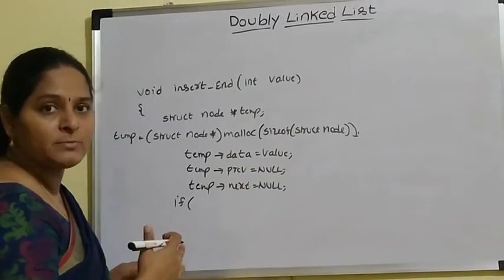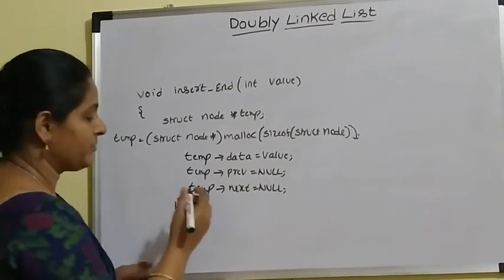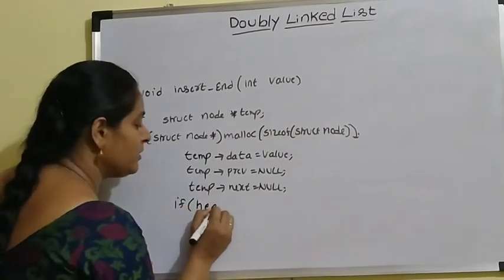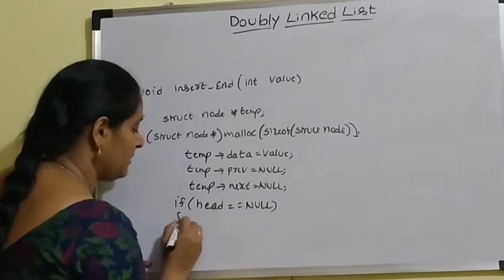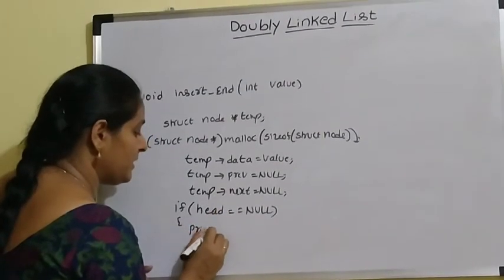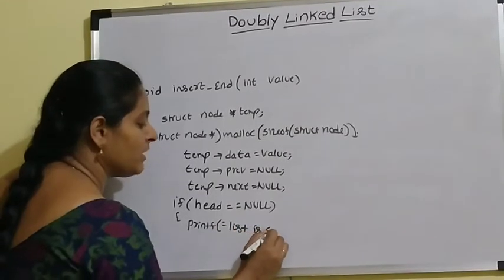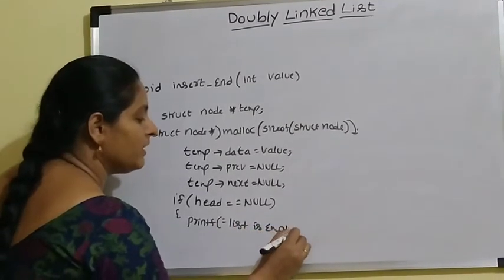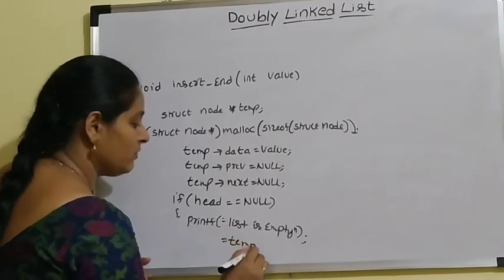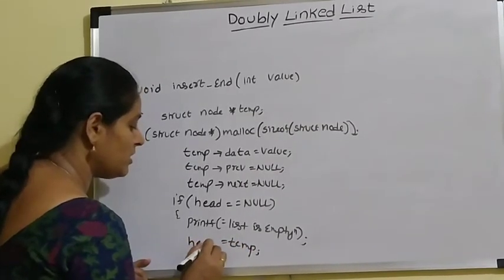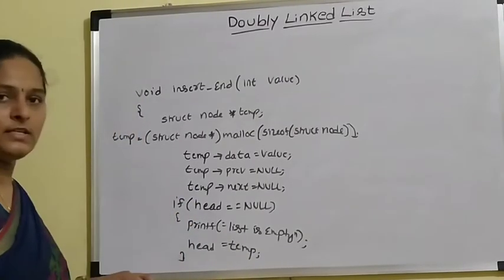If your head pointer is pointing to null value, that indicates that list is empty. So if head equal to null, just print the statement as list is empty. If list is empty, our inserting node, that is temp node, will be the first node as well as last node. Is it clear with this?